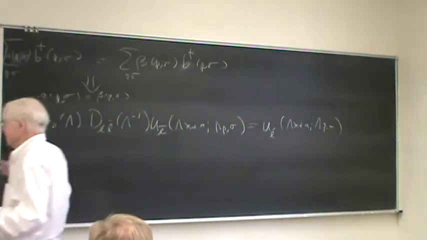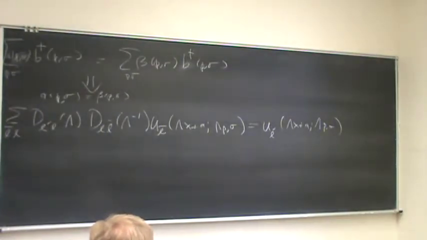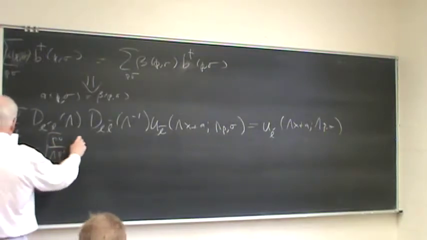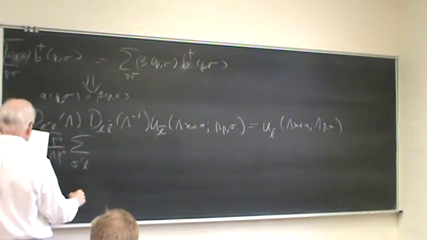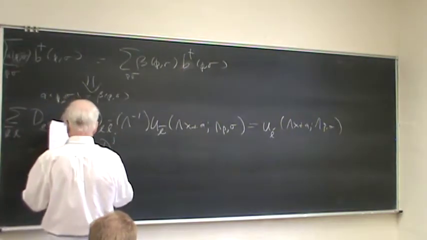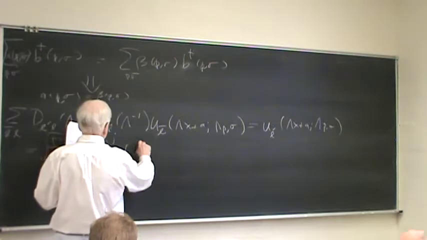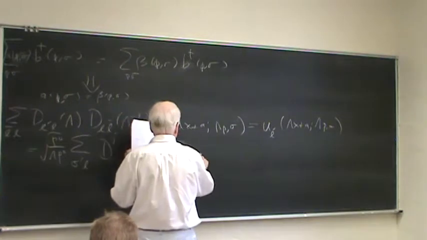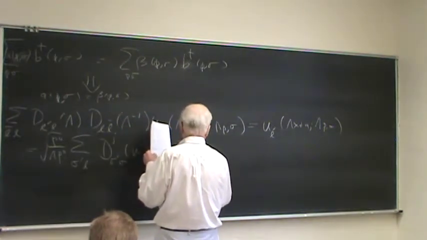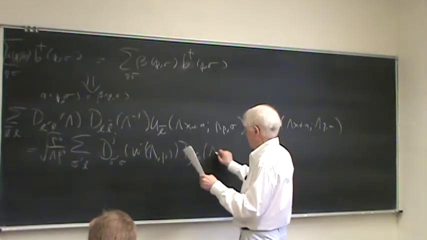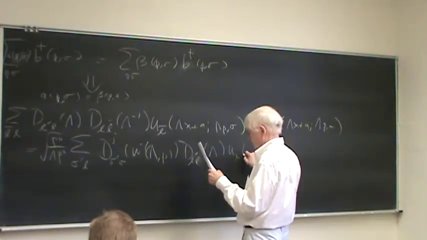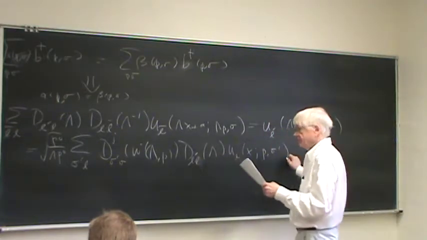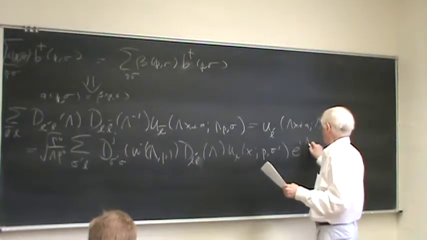On the other hand, when this thing acts to the right, we get a real mess, namely square root of p0 over λp0, sum over σ' and l, D^j_{σ'σ}(W^{-1}(λ,p)) d_{l'l}(λ) u_l(x; p σ') e^{iλp·a}.